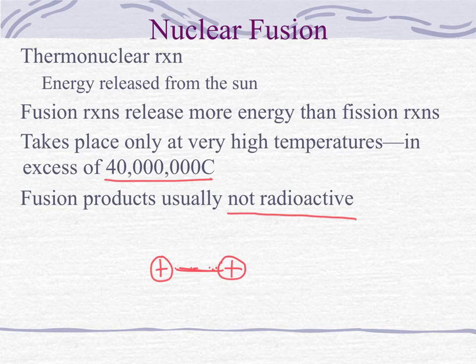No, they don't. They naturally want to repel. Remember, like charges will repel. So in order to overcome the repulsion forces, you need tremendous amounts of energy to force these 2 nuclei to combine. So that's why it requires tremendous amounts of energy to combine or fuse together 2 atoms.